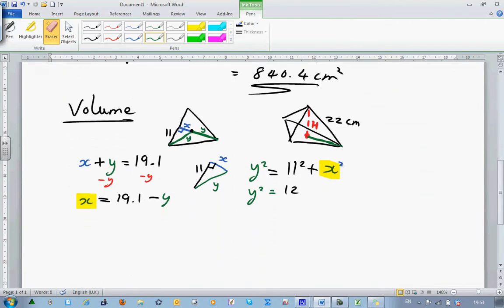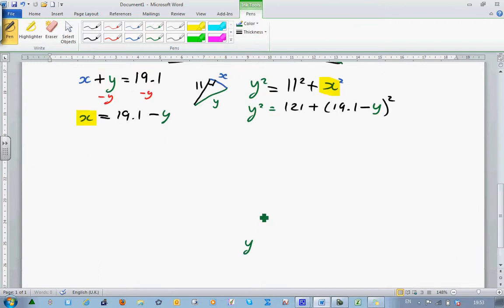Okay, so this is some work that some of you may have done or may know about. This is now 121 plus 19.1 minus y times 19.1 minus y. Let me just put those values in there.